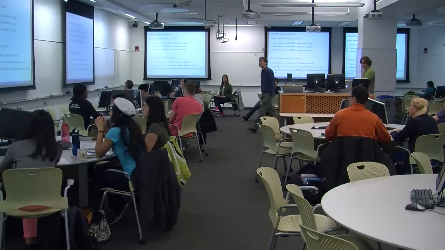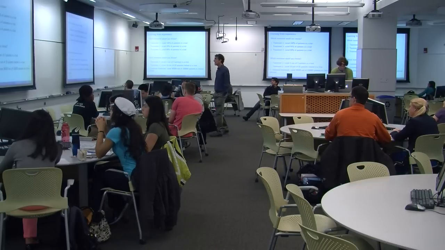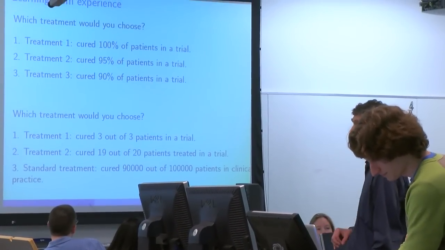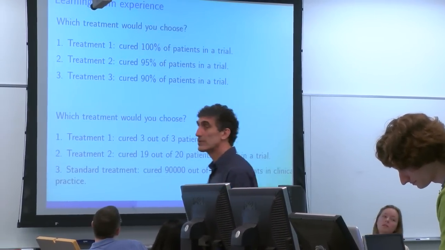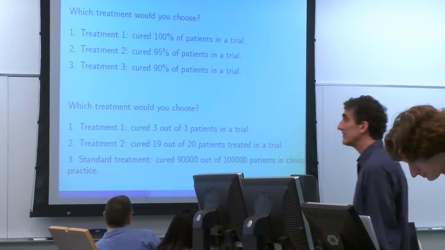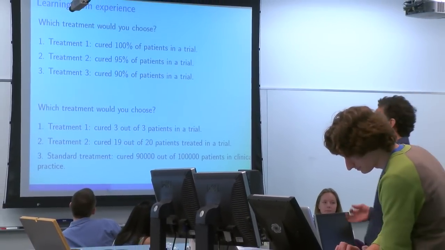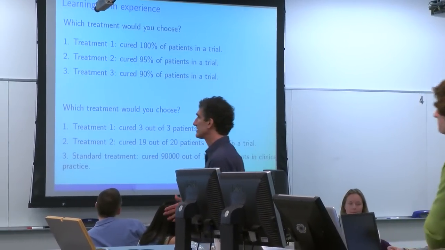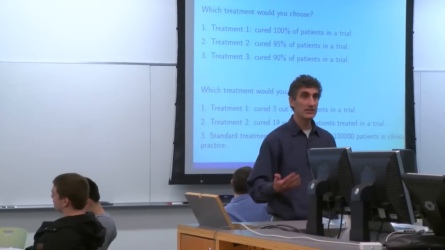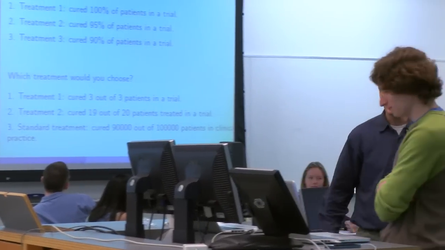All right, what if I gave you this information? Treatment 1 cured 3 out of 3 patients, that's 100%. Treatment 2 cured 19 out of 20 patients, that's 95%. Or you have a standard treatment which has cured 90,000 out of 100,000 patients, 90% in clinical practice. Now which one would you choose?